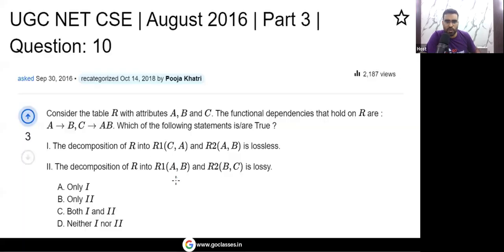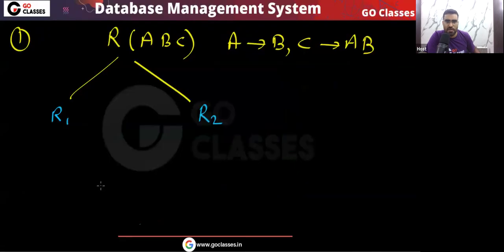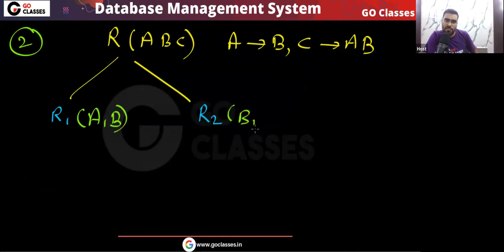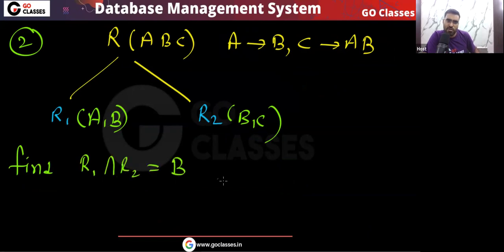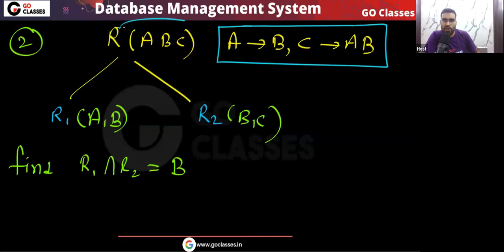Let's see the next decomposition, that is AB, BC. Again, you find the set of common attributes, R1 intersection R2, that is B. Now in this set of functional dependencies, you find B plus. B plus will be B only.